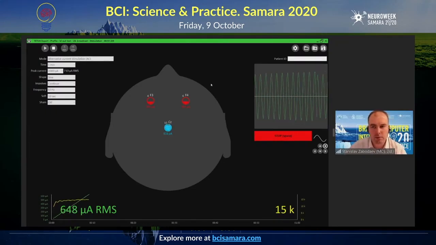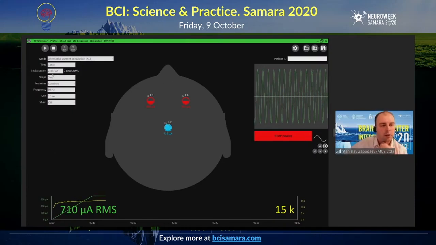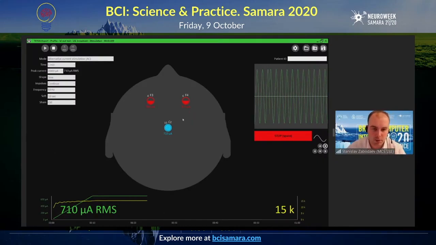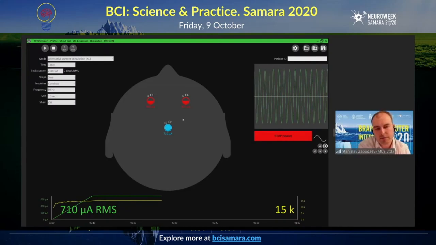Again, we have a gradual increase in current voltage and we'll be using AC stimulation. Here is the peak current and right next to it is the recalculated effective current value. And in order to evaluate the quality of the procedure, the software will measure the real current value.